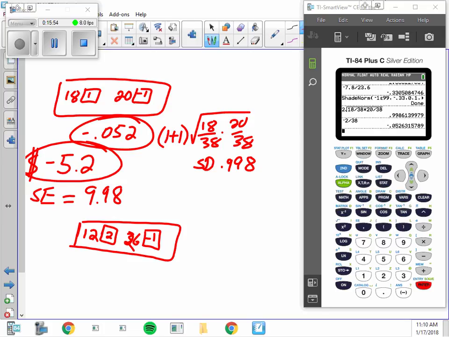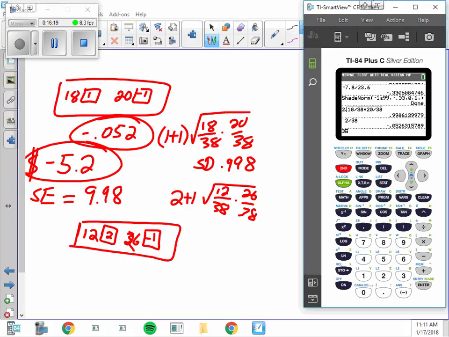So the expected values are the same, but the SEs are going to be different because the SD of the boxes are different. Right. So this one we're going to do 2 plus 1 times the square root of 12 over 38 times 26 over 38.